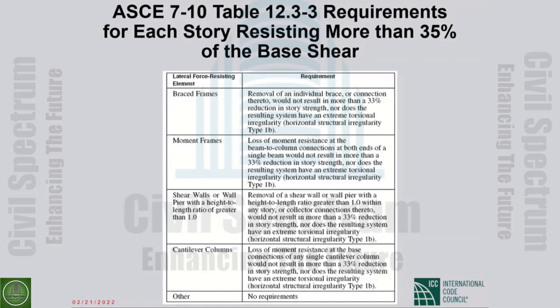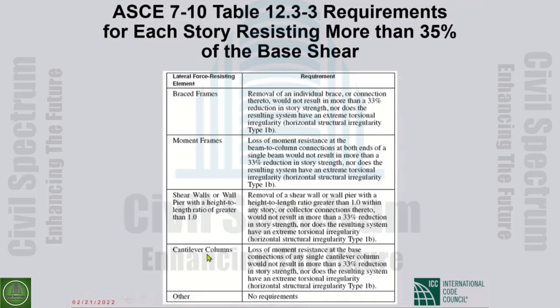When you have shear walls or wall piers, okay, so if you have shear walls as part of the resisting system, then you remove a shear wall with a height to length ratio greater than 1. That is important. You don't remove just any shear wall, but a shear wall with story height to length ratio greater than 1.